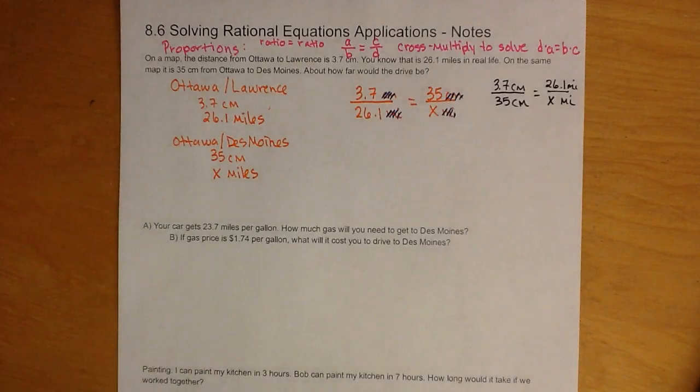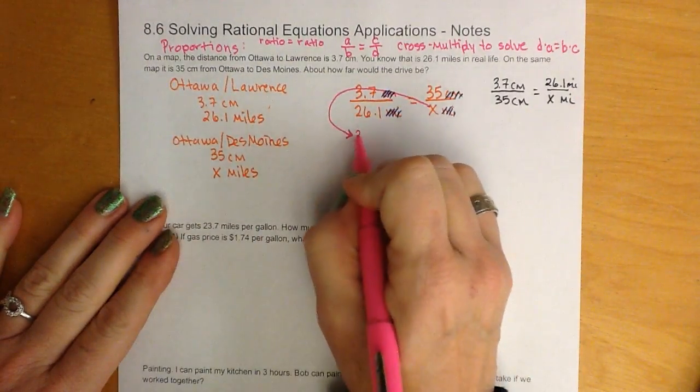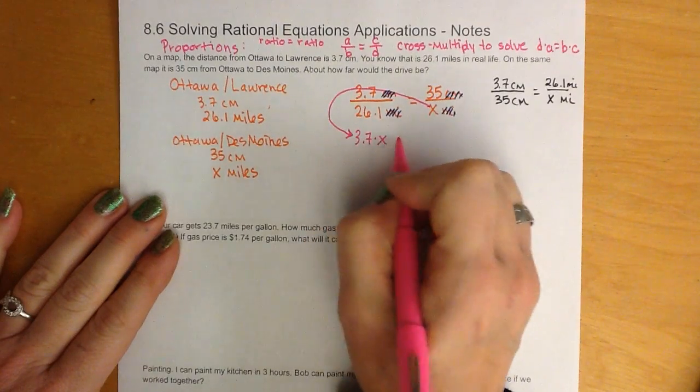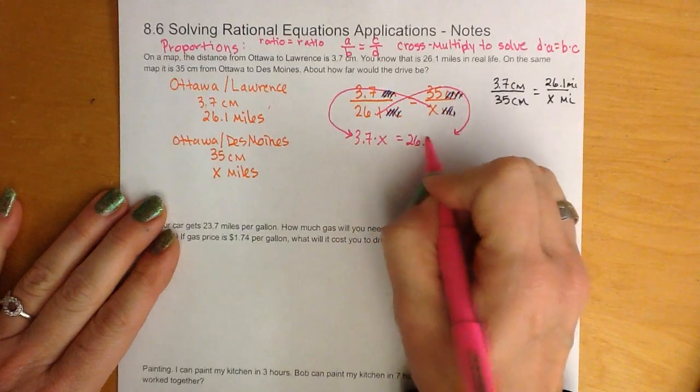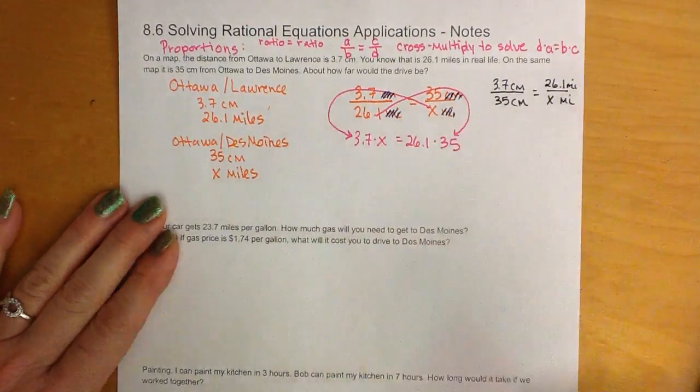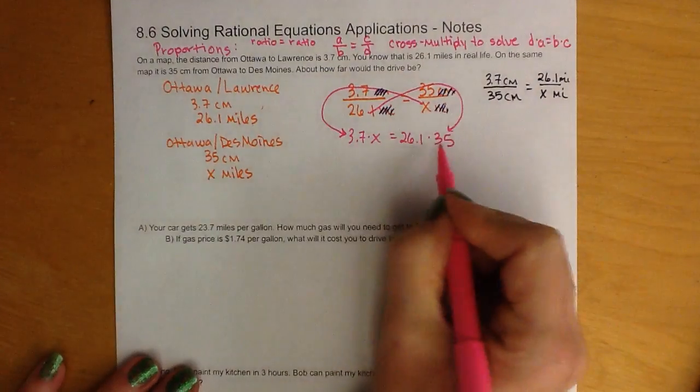And now we're going to cross multiply to solve. So I'm going to multiply this direction. So I have 3.7 times x equals, and I multiply this direction, 26.1 times 35. And then I will need a calculator to do this multiplication.